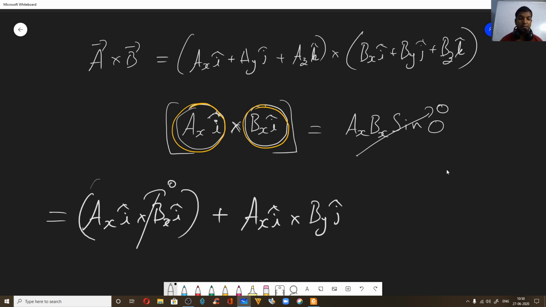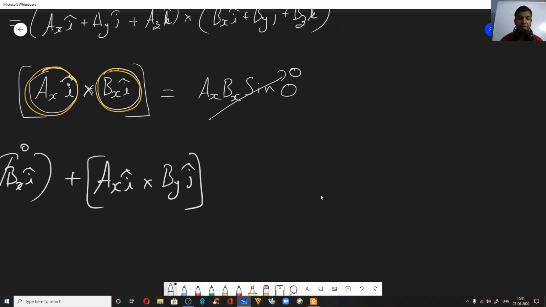Here I'm just giving you hints. Now ax i cap cross by j cap. You are performing cross product on two vectors: magnitude of first vector ax, magnitude of second vector by.